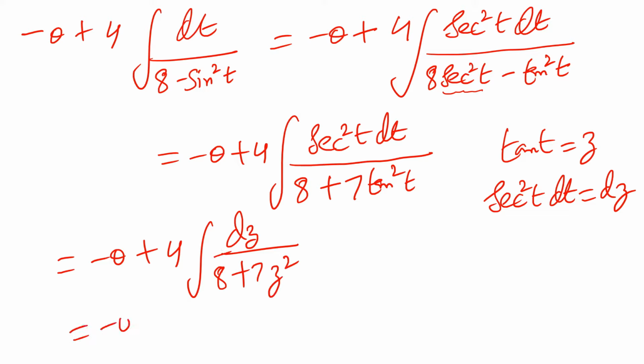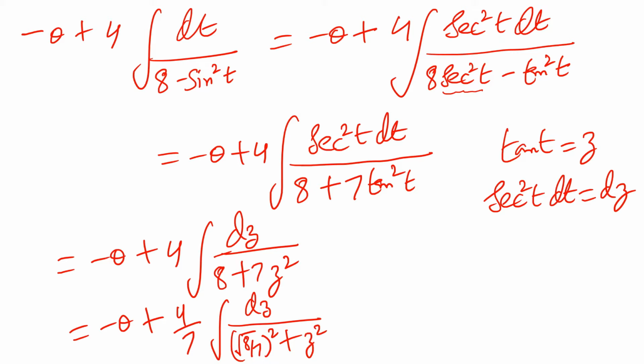Now it's very much simple. Just take 7 out. So it becomes 4 upon 7 dz, and this is going to be 8 by 7. So we can rewrite this as under root of 8 by 7 whole square plus z square. Now students, this integral can be easily solved by the formula dx upon x square plus a square, and we know that it is just 1 upon a tan inverse x by a.